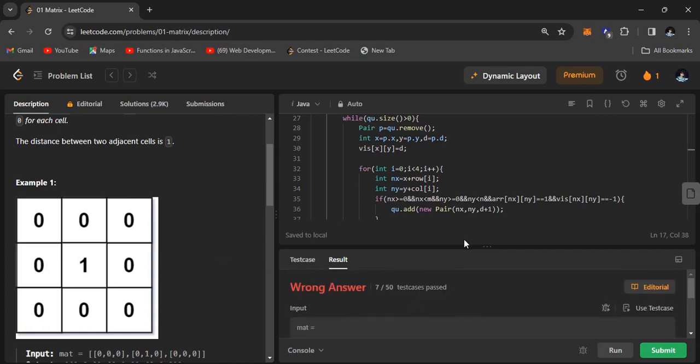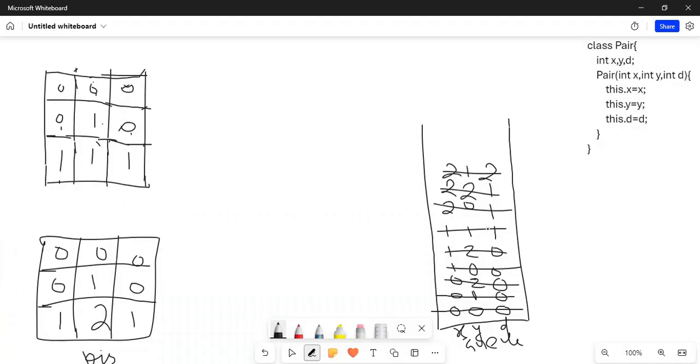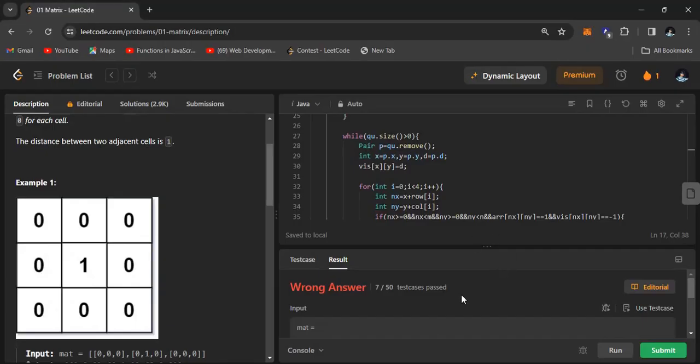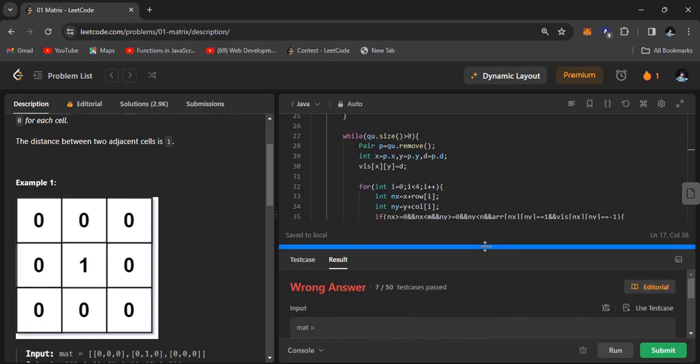Here, if you remove any element, then after removal you should not directly replace visited. If you only replace visited, that means this visited is not solved. We have already got one answer, but it is replaced by some other.